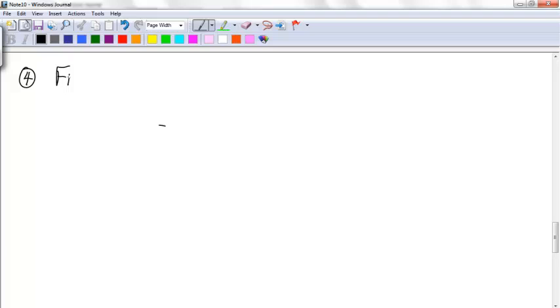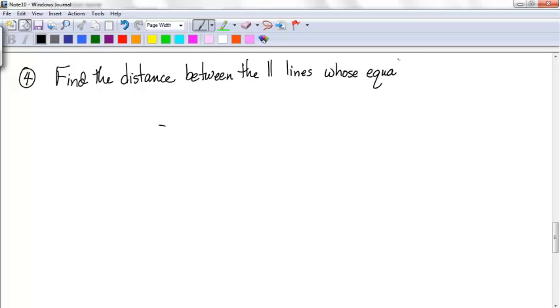Say they ask you to find the distance between the parallel lines whose equations are, here's our two equations: y equals 2x plus 3 and y equals 2x minus 3.